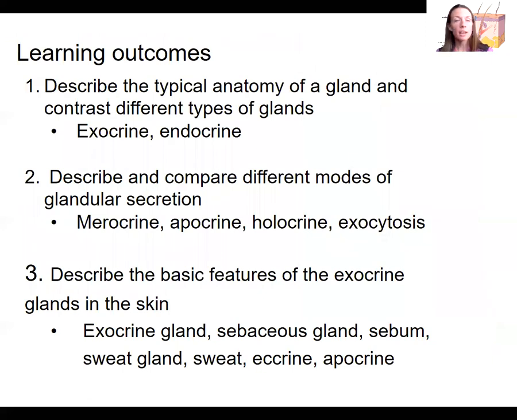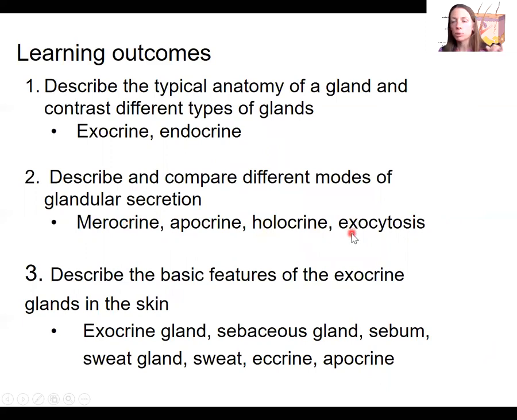Okay, so what we've done today, in this last video, is describe the typical anatomy of a gland and contrast the different types of glands, exocrine versus endocrine, and that this is related then to outside of the body versus bloodstream. Describe and compare different modes of glandular secretion. So those three different types, exocytosis being the type that occurs with merocrine.